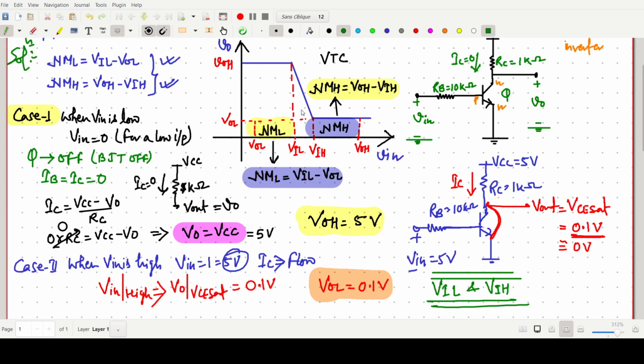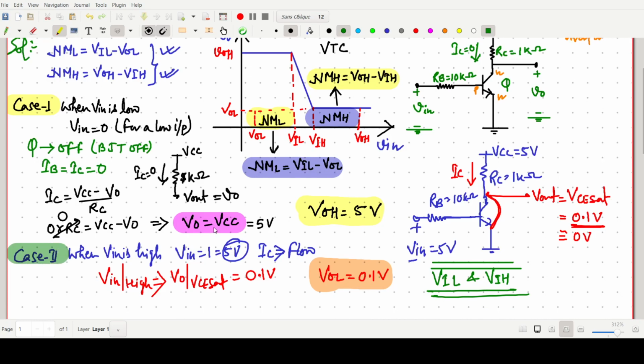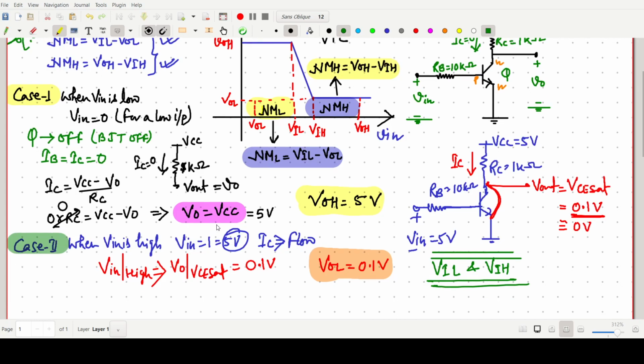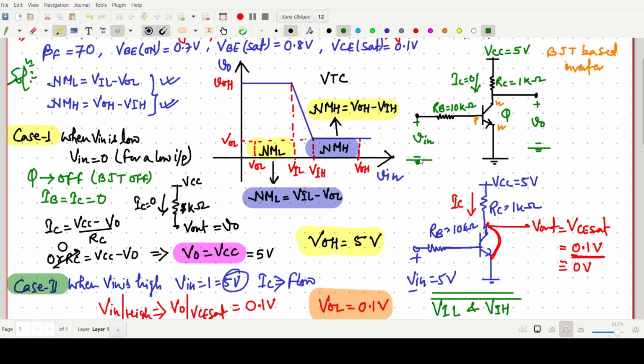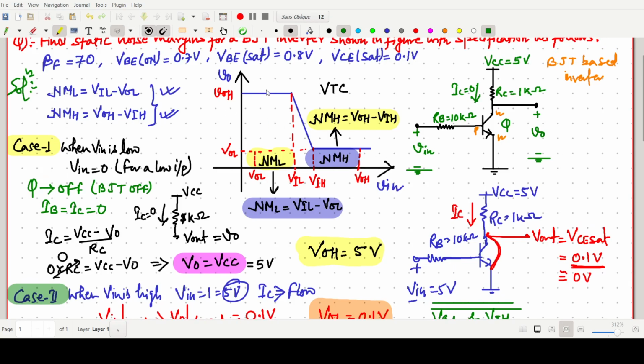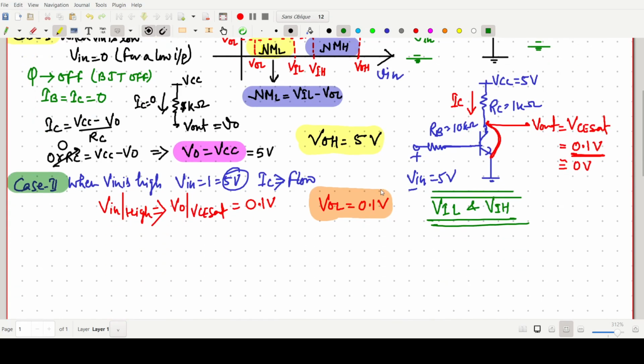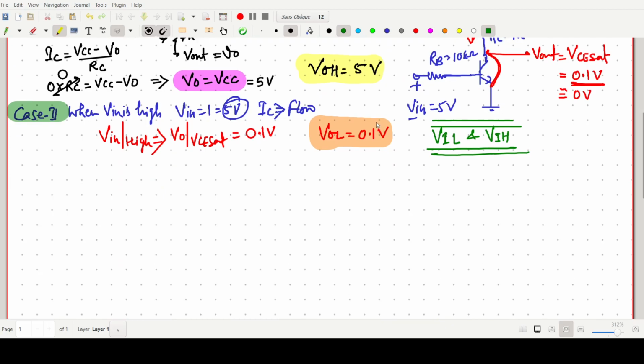For this purpose, what we have to do? For this purpose we have to use the BJT based inverter circuit. The two important parameters we have already found.